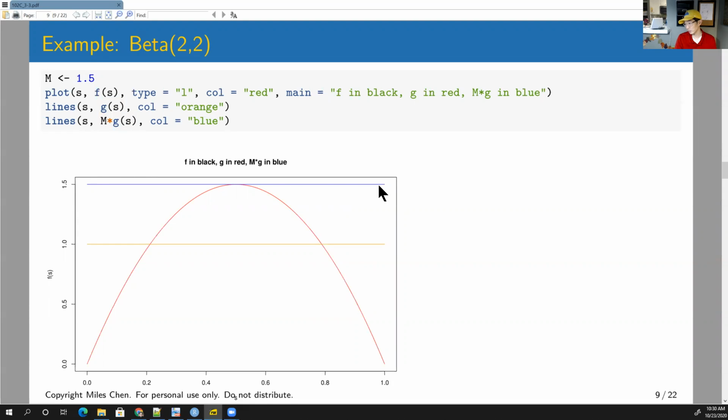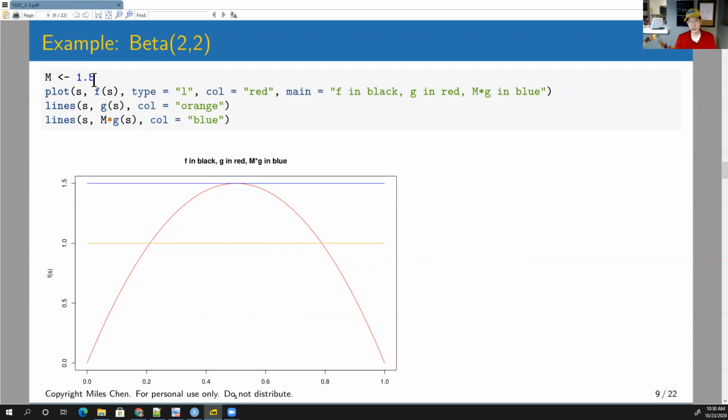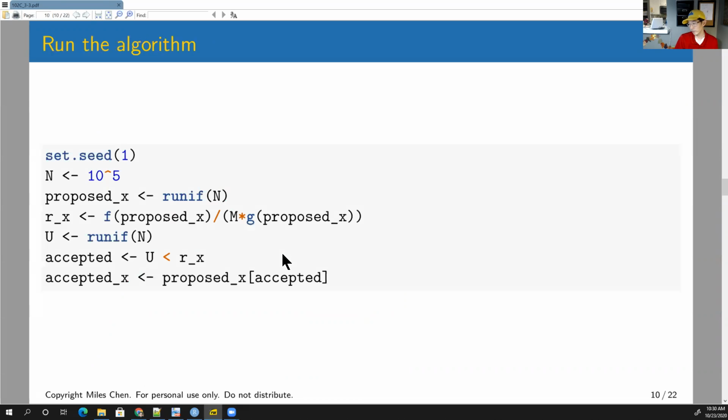We can see that the blue line is at least equal to or greater than the red line everywhere. Now I could pick an arbitrarily large value, like m is 100, and it would not be an efficient choice, but it would satisfy. So this is what we have here.